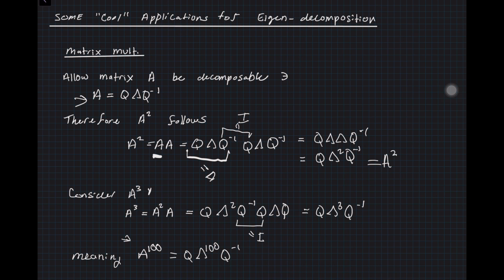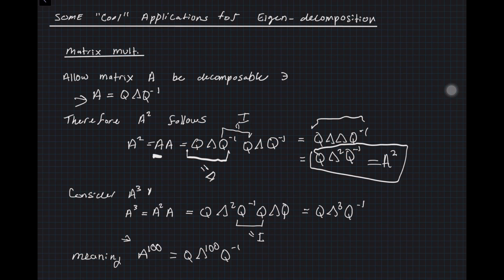And so the Q and the Q inverse absorb, and you're left with this expression right here. Capital lambda times capital lambda is lambda squared. And now we can rewrite our A squared as this expression right here.